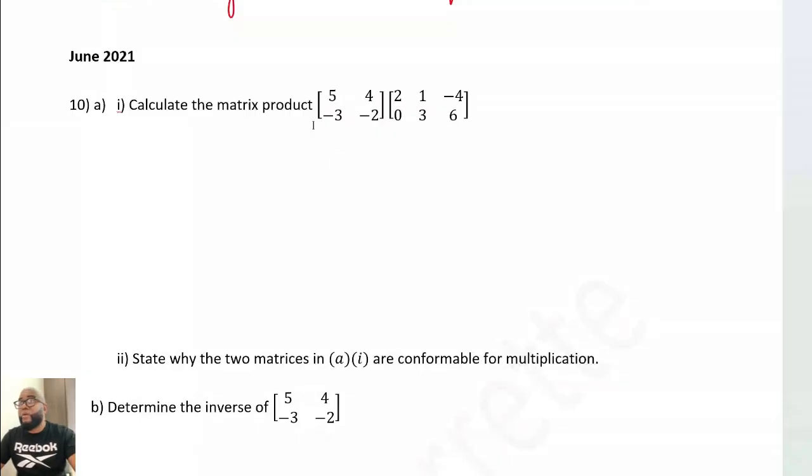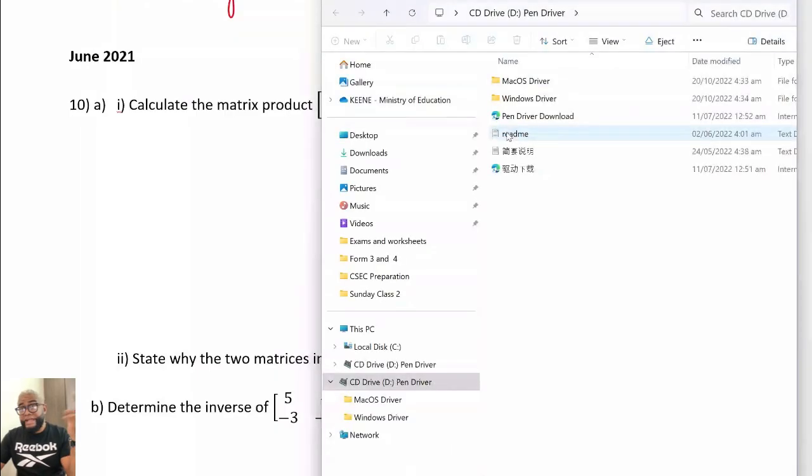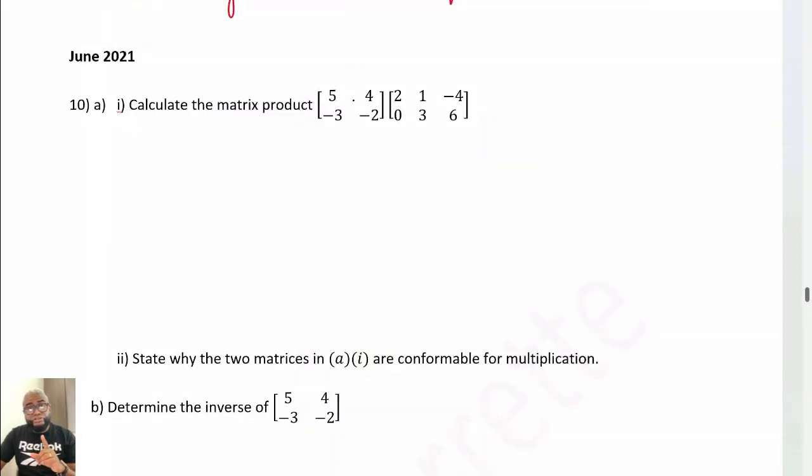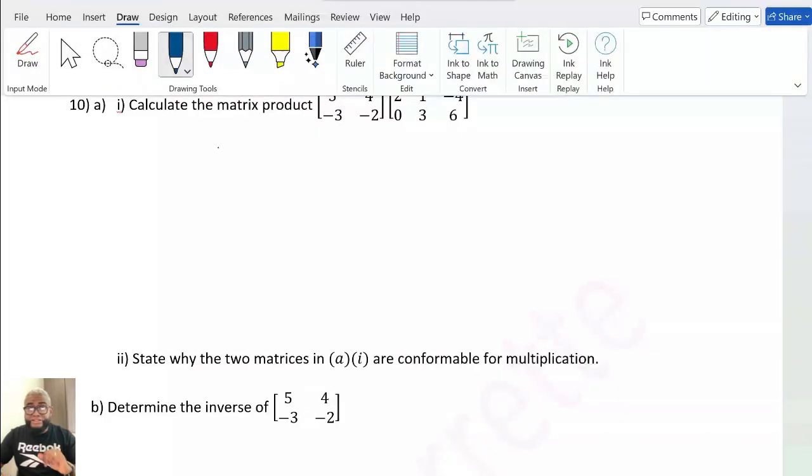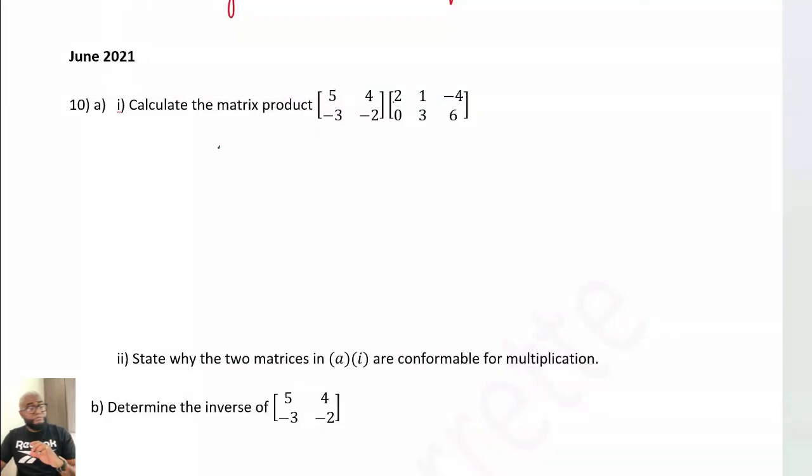You all seen that? Why is it a 2 by 2 matrix? Because it has what? 2 rows and 2 columns, right? So 2 rows, 2 columns, so it's a 2 by 2 matrix. The second matrix is a what kind of matrix? Not 3 by 2. You're calling rows first. Sorry, yeah, you're calling rows first. How many rows does this matrix have?